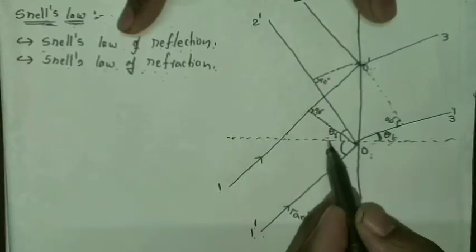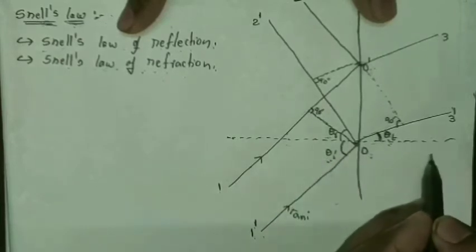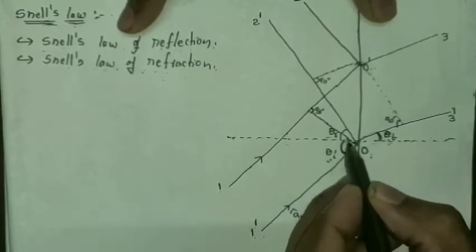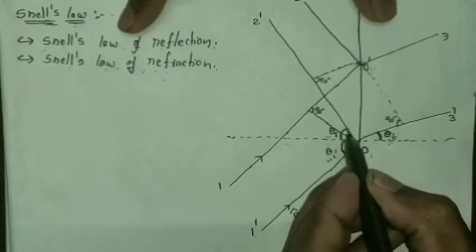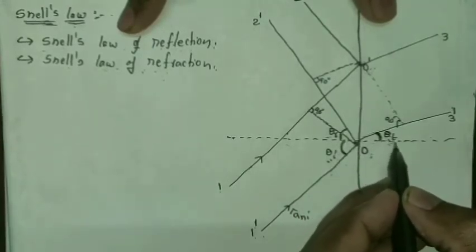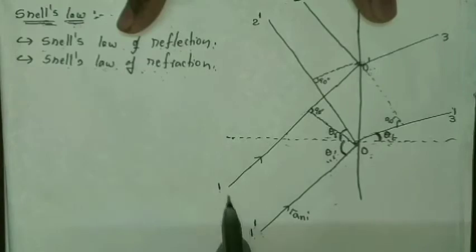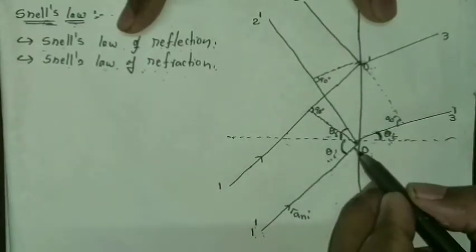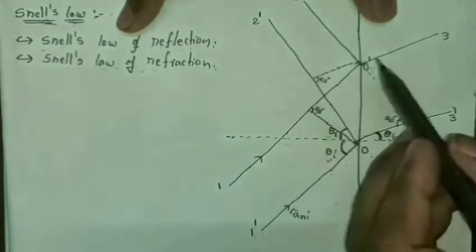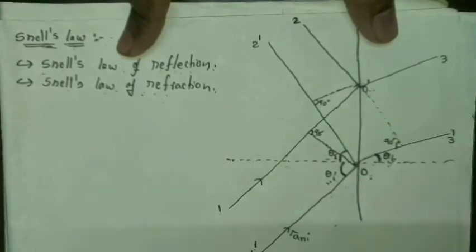So I am taking theta I, theta R, as well as theta T. Theta I indicates the incident angle, theta R indicates the reflected angle, and theta T indicates the transmitted angle. 1 dash indicates the incident electromagnetic wave, 2 dash indicates the reflected electromagnetic wave, and 3 dash indicates the transmitted electromagnetic wave in medium 2.